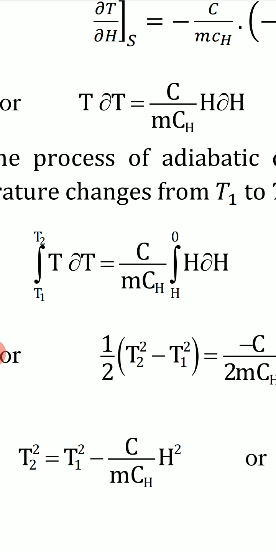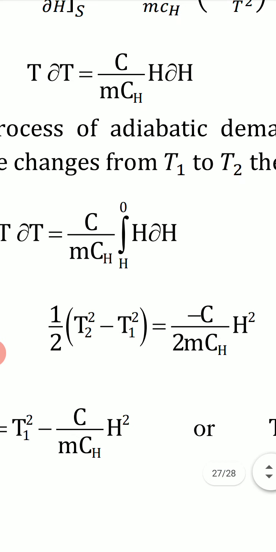T1 is the initial temperature and T2 is the final temperature. On the right hand side it is the integral with respect to H, so the limits of H are from H to 0. Initially the magnetizing field is H and finally it is removed, so it is 0.